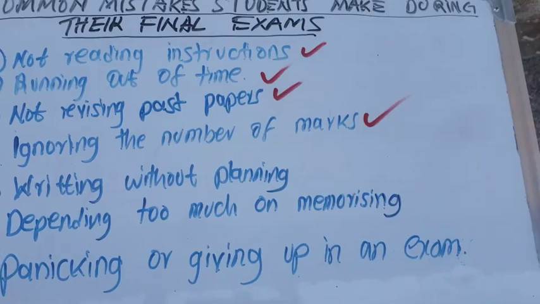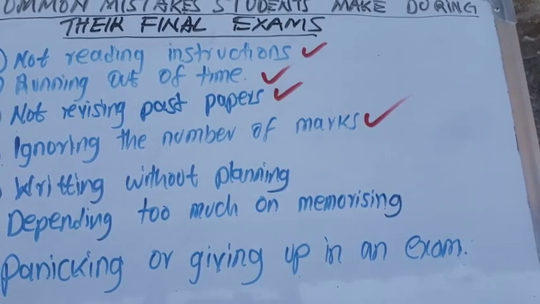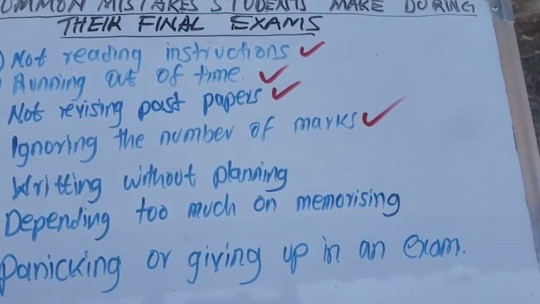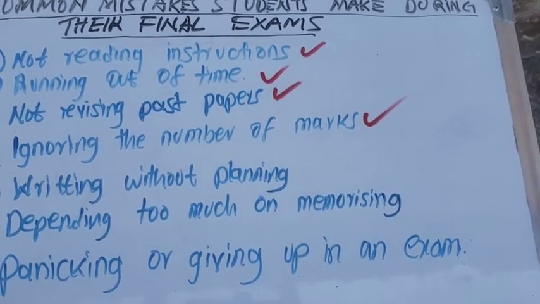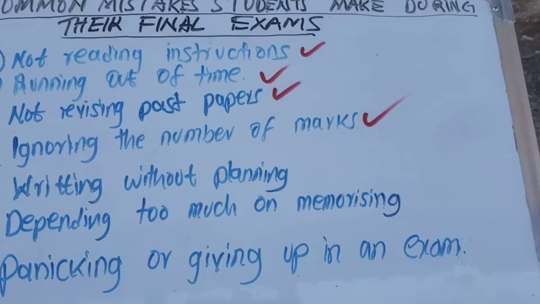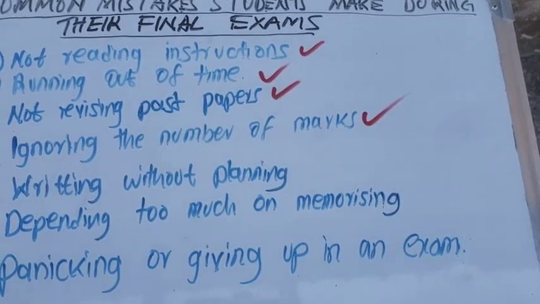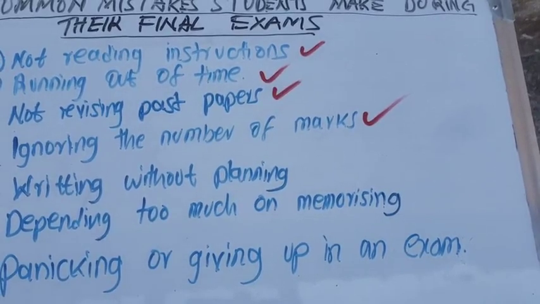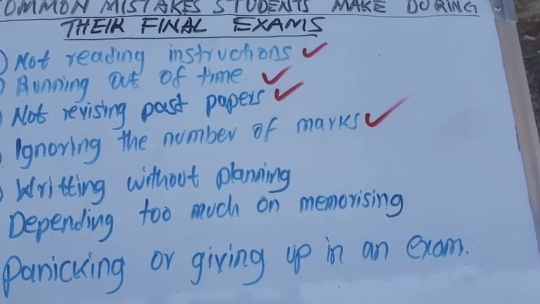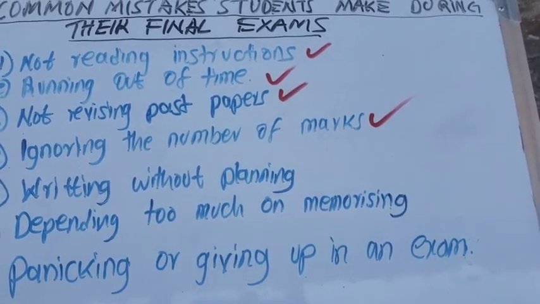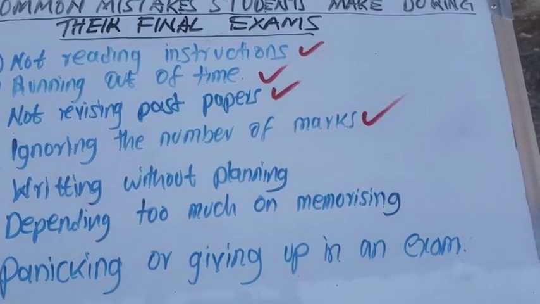That is the one which will determine the content which you need to provide. So don't ignore the number of marks. If the question carries 2 marks, ensure that you provide the explanation that is appropriate to that 2 marks. If the question carries 4 marks, ensure that you provide the information that is appropriate to the 4 marks.